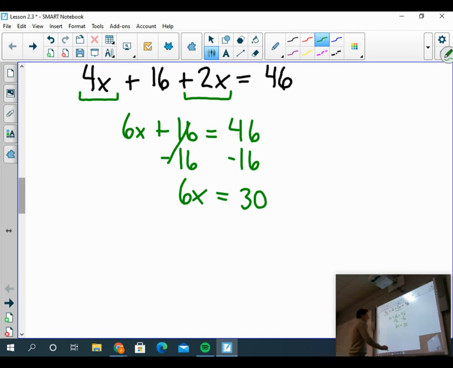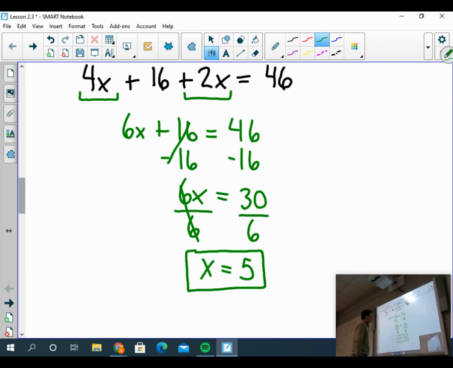Now I'm going to divide the left side by 6. Do the same to the right. And when I do this, I end up with x equals 5.